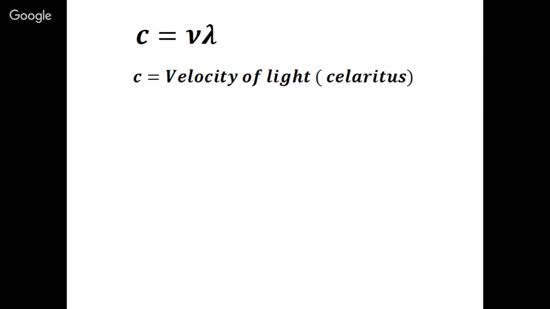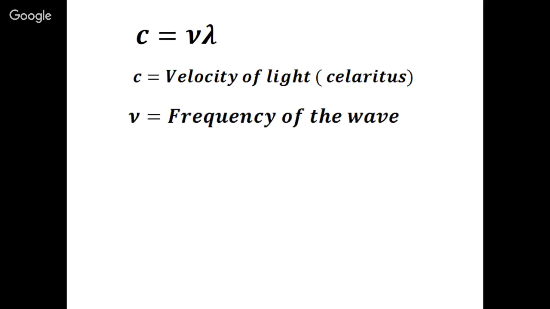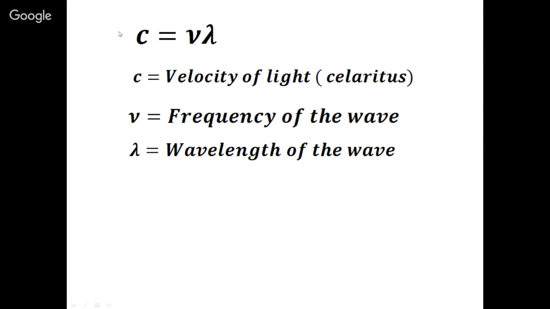The other term for that is celeritas. Nu is the frequency of the wave, and lambda is the wavelength of the wave. So this equation is an important equation in order to study electromagnetic radiation.